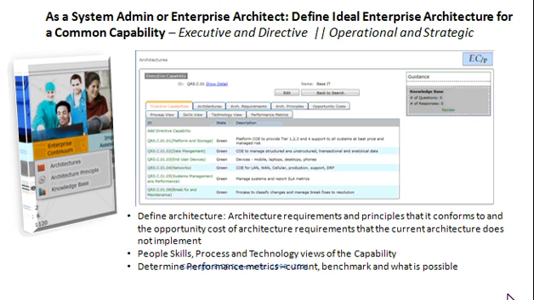This is where all the architecture capabilities in the continuum are defined. We take the approach that there are two sets of capabilities: executive capabilities and directive capabilities. And then we have a notion of operational and strategic. Executive capabilities are defined from the point of view of senior management, where threats and opportunities are visible.